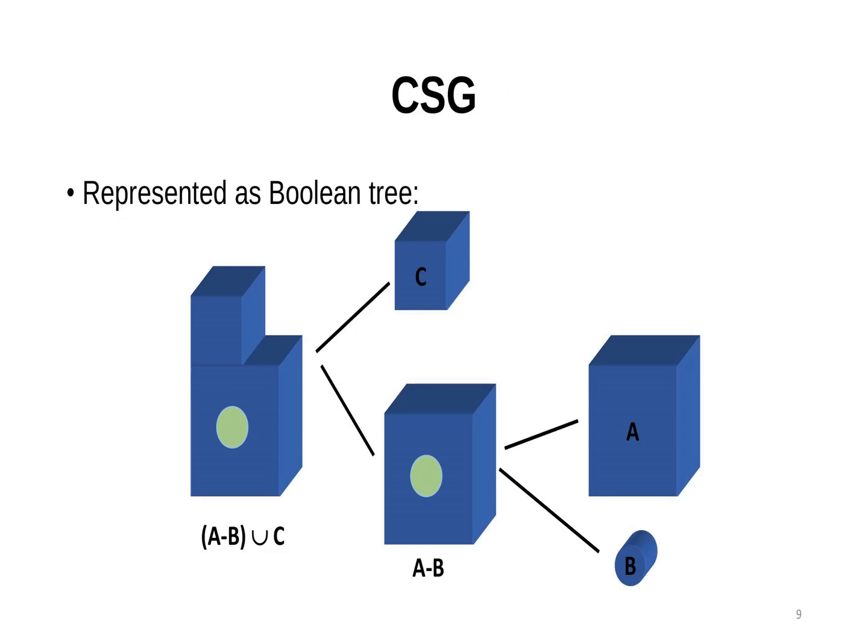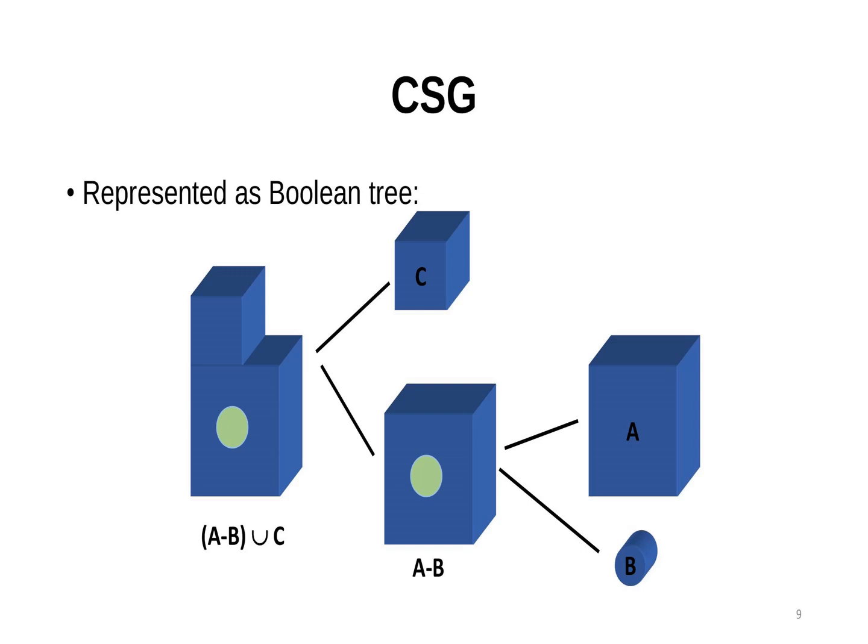Here we can see a Boolean tree. A Boolean tree is a hierarchy structure that records the sequence of Boolean operations used to build a model. So kita boleh nampak hierarchy structure yang menunjukkan the sequence of Boolean operations untuk membina model.